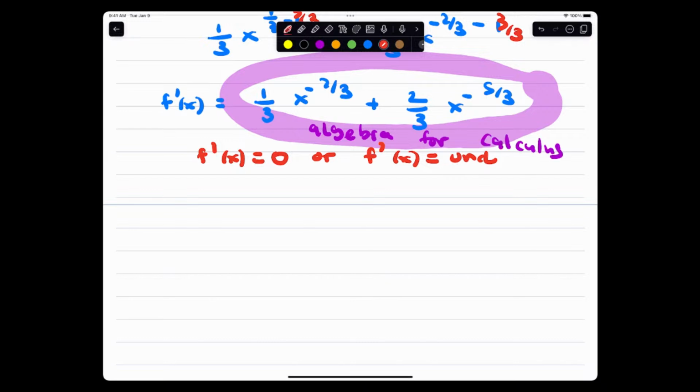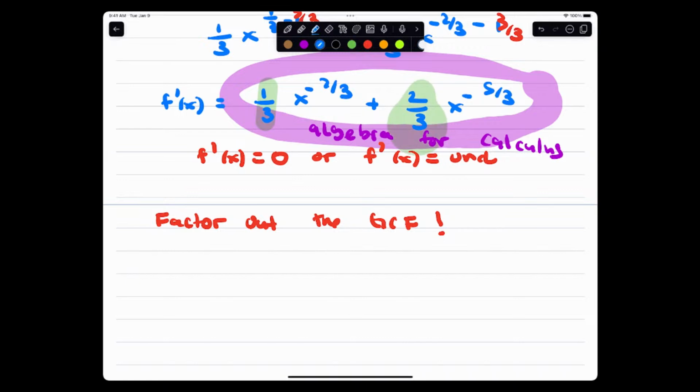Because what you have to do, ladies and gentlemen, on this one is factor out the what? Greatest common factor. So you start with the constant, 1/3 and 2/3.